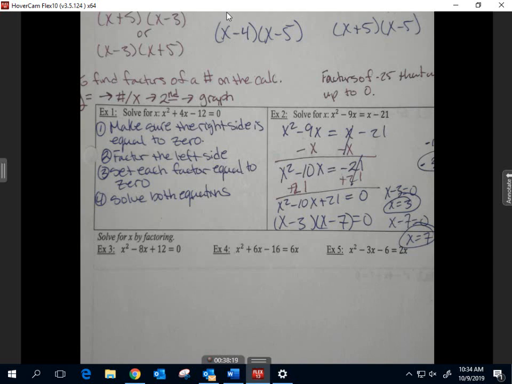So all you're doing is going from positive to negative, negative to positive. It's surprisingly very easy.